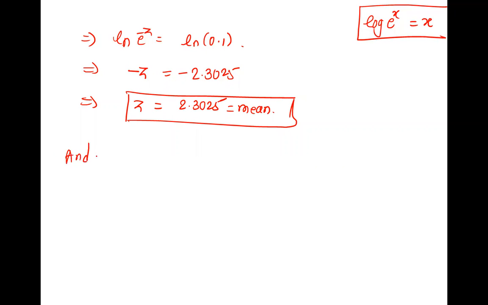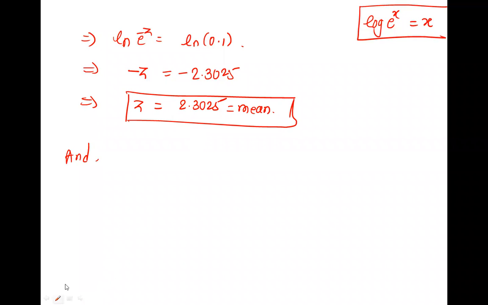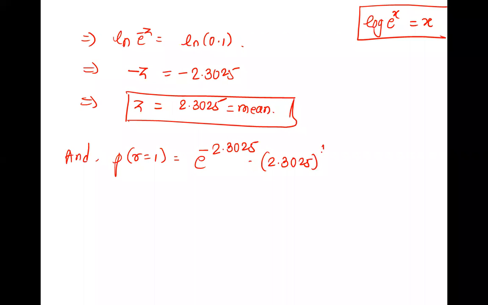Now it is asked, probability R is 1 also. So probability R is 1 means e raised to minus Z, we have Z now, 2.3025, into Z, 2.3025 raised to R, 1 upon 1 factorial. Find it.